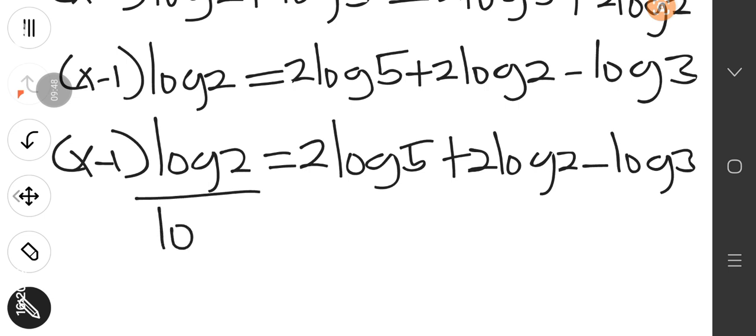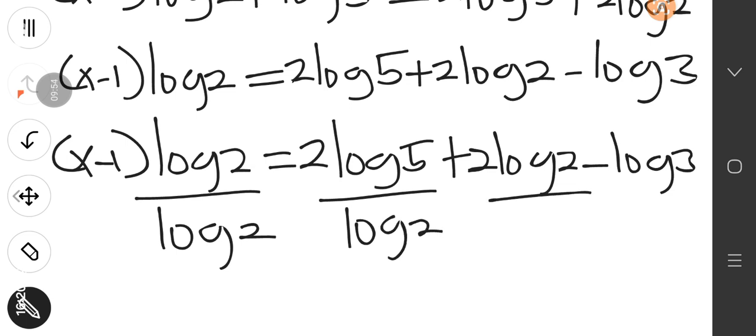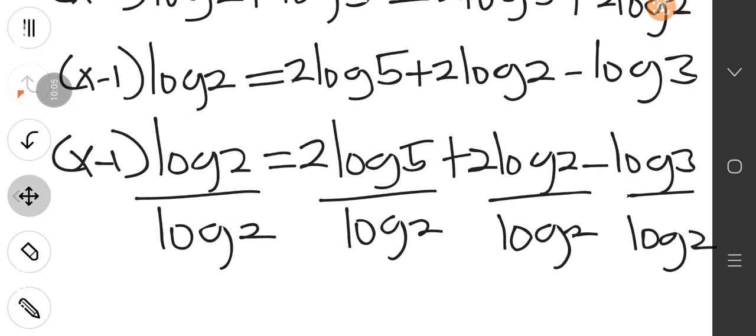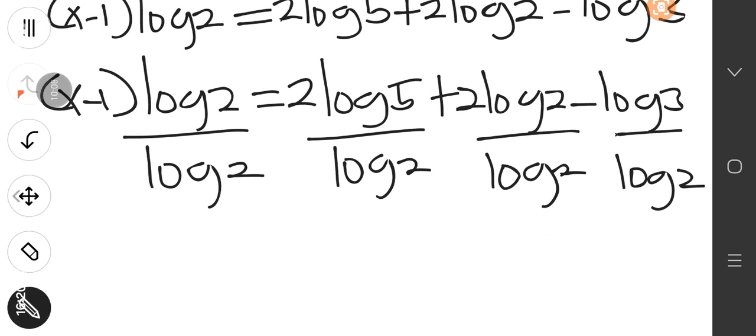Here we're going to divide every term by log 2. Now we know that anything over itself is 1. If you're having a over a, this will give you 1. Therefore, log 2 over log 2 is 1.